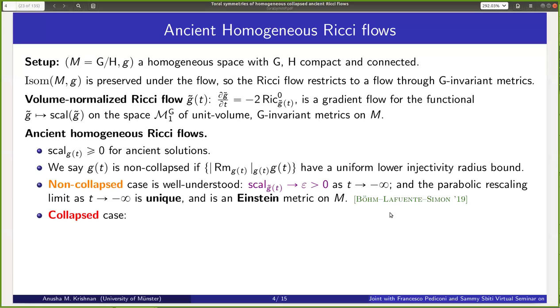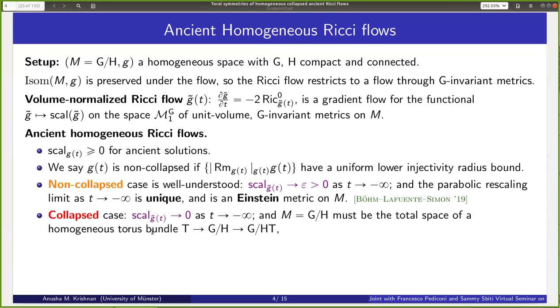So in today's talk, we will be interested in the collapsed case. So what's known there? In the collapsed case, the scalar curvature of the volume normalized metric goes to 0 as t goes back to minus infinity. And it's known that the manifold must be the total space of a homogeneous torus bundle.